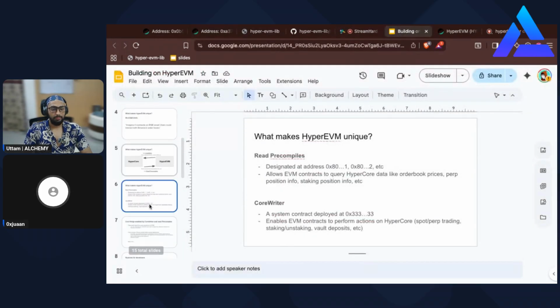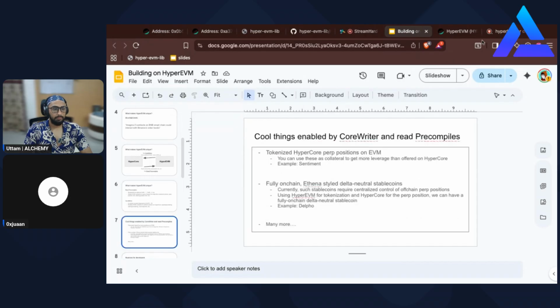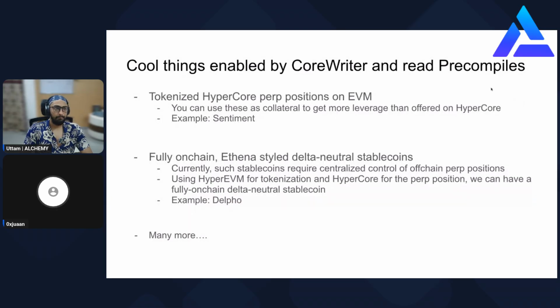Okay, so let's see some examples of apps that are uniquely enabled by these features of HyperEVM. So one is just that now you can tokenize any perp positions which exist on HyperCore, and you can bring them onto the EVM as an NFT. And once you've done that, one example use case of this is you can borrow off of that NFT using it as collateral.